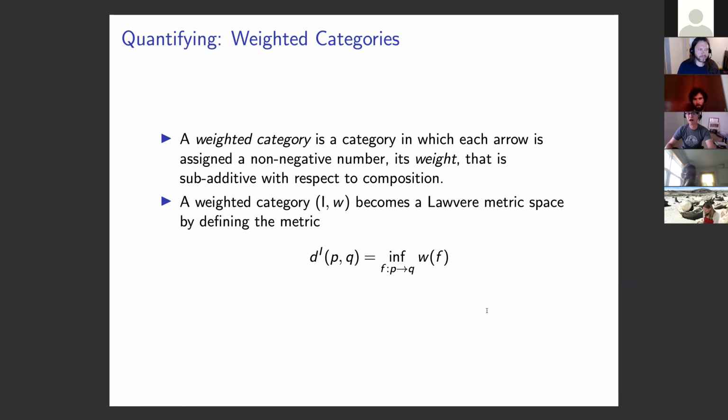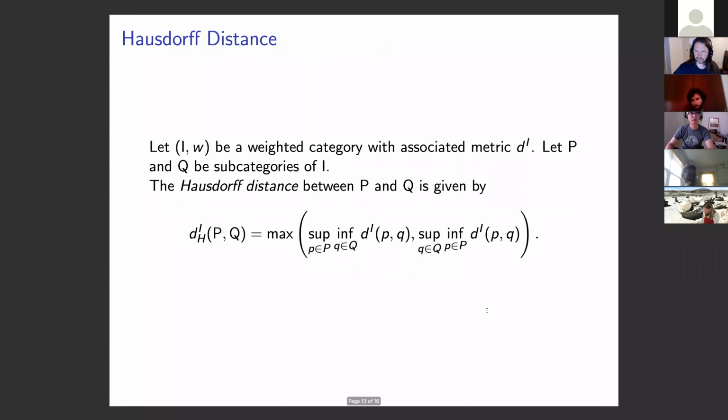Okay, you may have infinite distance if there are no arrows from P to Q, and you could have zero distance between distinct objects, but you get some kind of a metric.